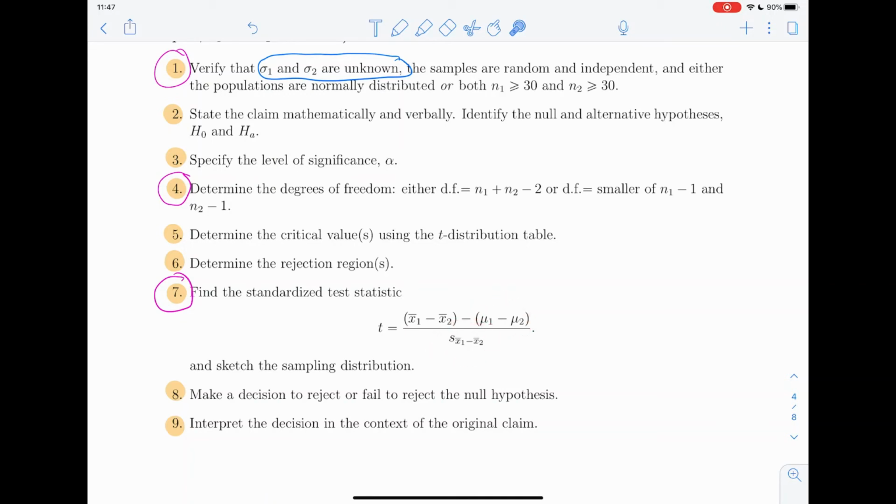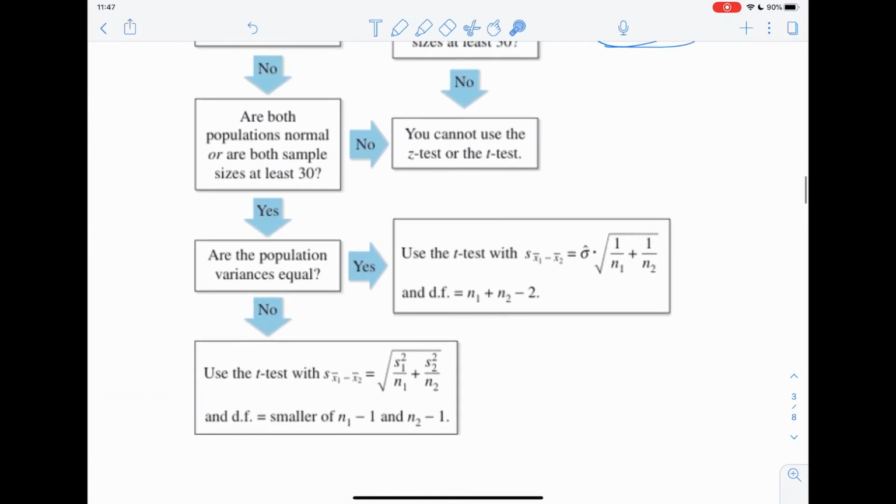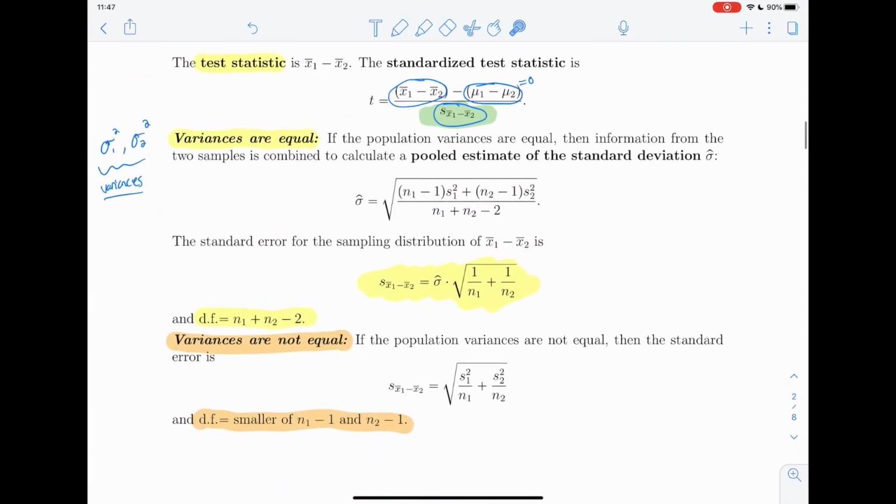But remember, in the context of section 8.2 here, the formula for the standard error depends on what the variances look like. In the problem we're working with, we're assuming the variances are equal. So if we go to our flow chart, if the variances are equal, then the standard error is given as sigma hat times this square root bit, where sigma hat, if we go back a page, is given by this complicated looking formula.